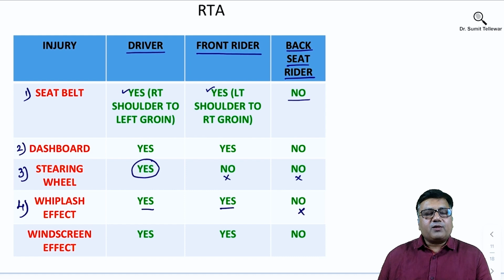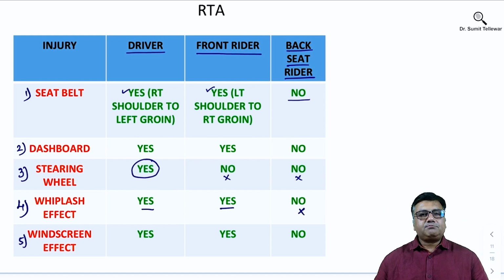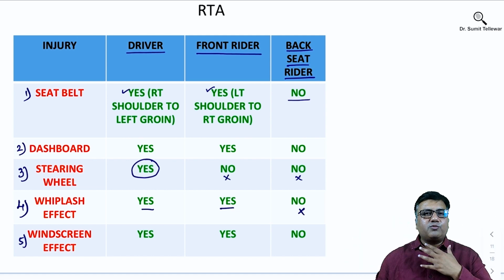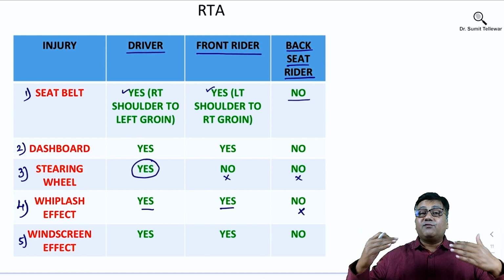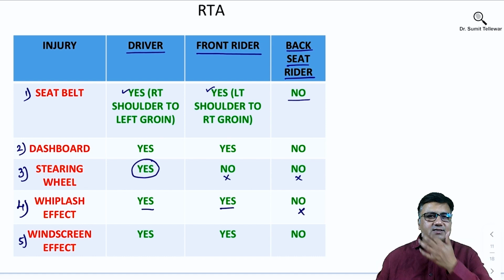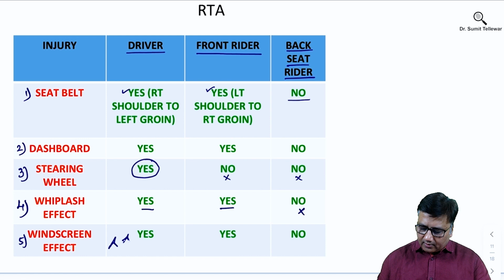Windscreen effect. When the windscreen breaks due to the collision of the car, it breaks into very small pieces of glass, very fine pieces of glass. These pieces of glass may fly and hit the exposed portion of the person who are sitting in front, that is the driver and the front seat passenger, resulting in these kind of triangular cuts on their faces.